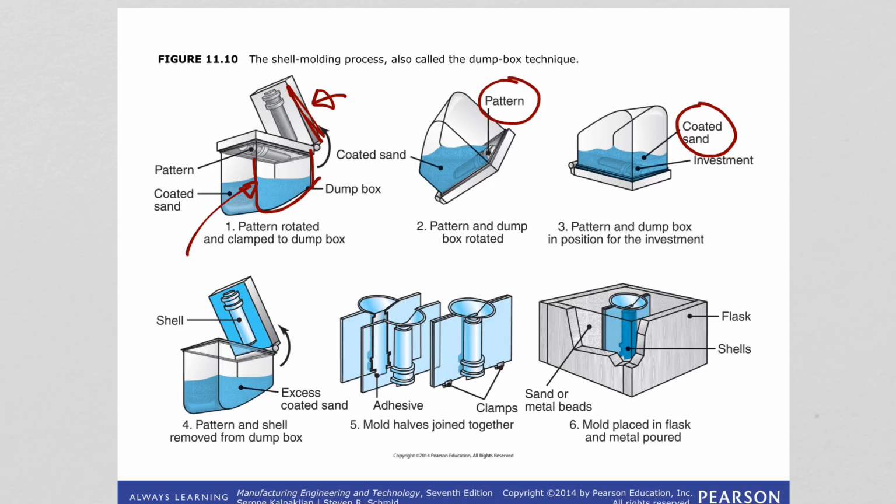Curing means formation of those cross links, so the material becomes stronger. It is then placed in a flask and metal is poured, basically.